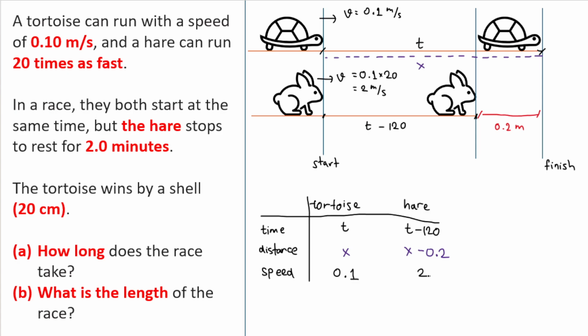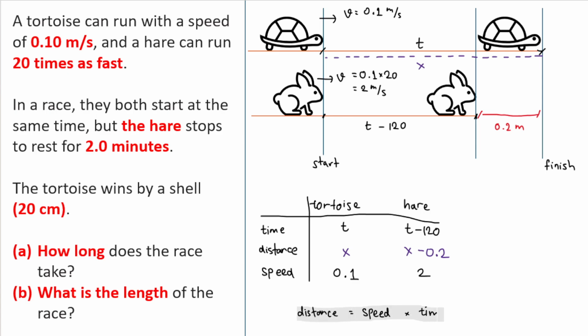Good. Now what can we do from here? Remember that distance is equal to speed multiplied by time. Because the velocity of their movements is constant, we can just use this.